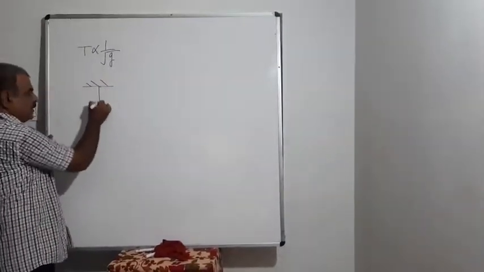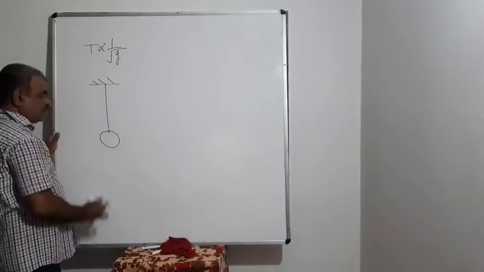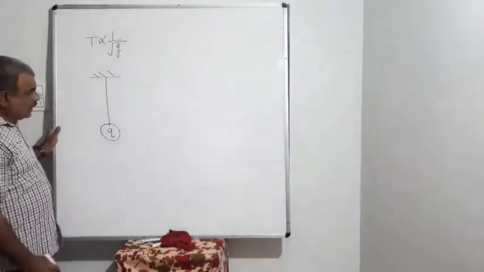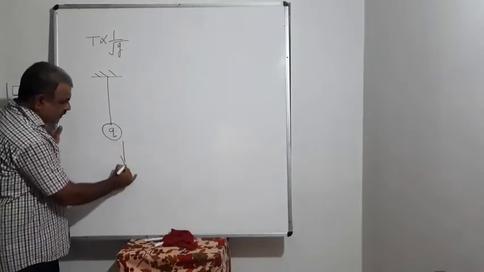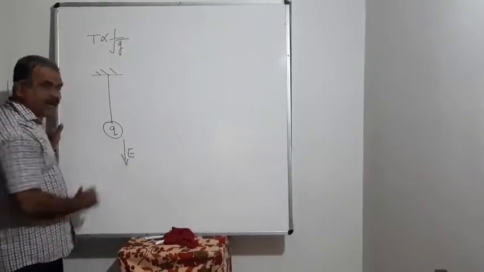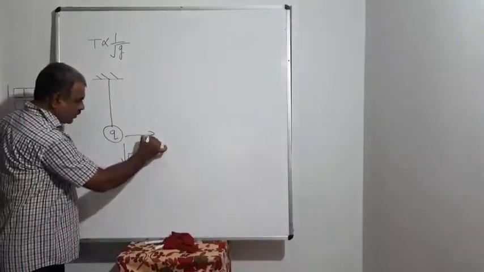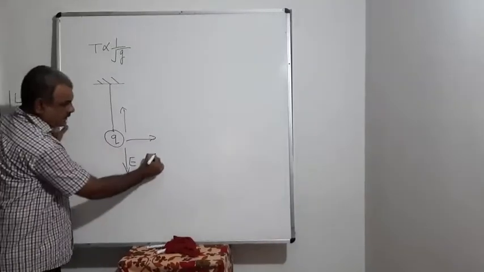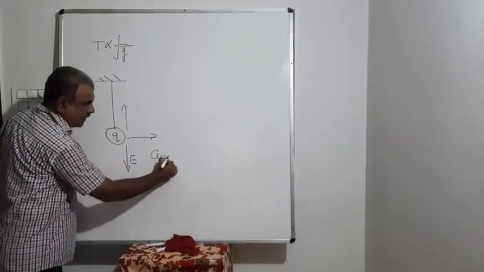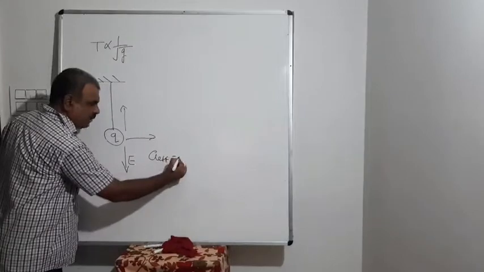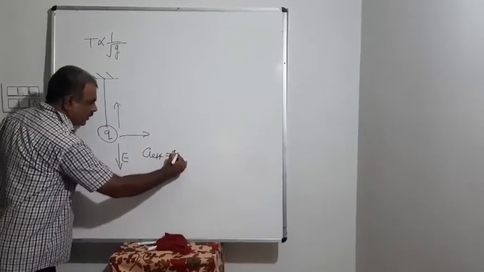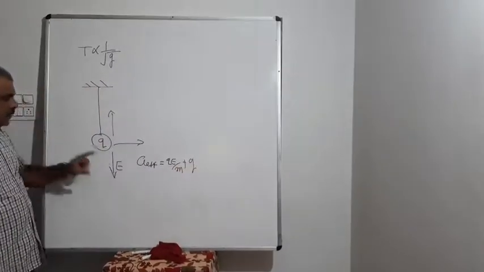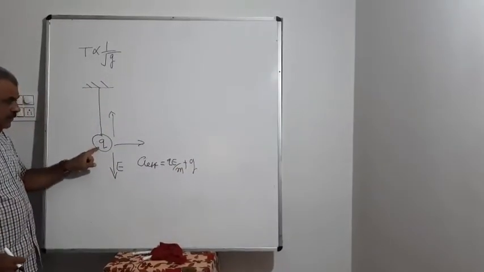Let's say pendulum is oscillating, pendulum having charge Q. If it oscillates in three different ways, electrical field is vertically downward, horizontal and upward. In first case, A effective, if this charge is positive, A effective will be EQ by M plus G, provided that charge is positive.